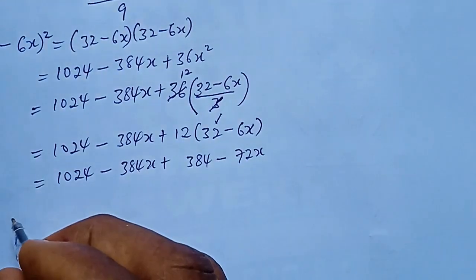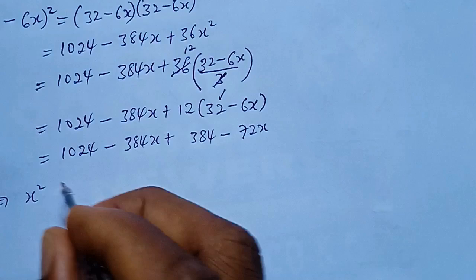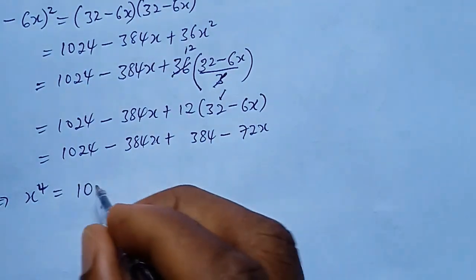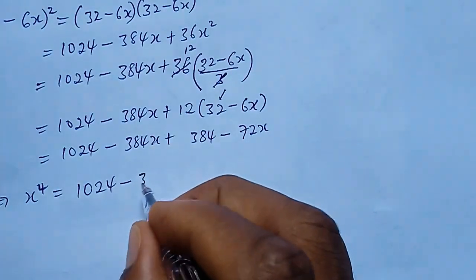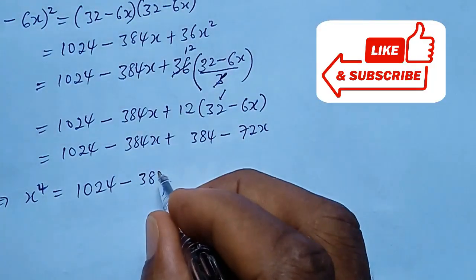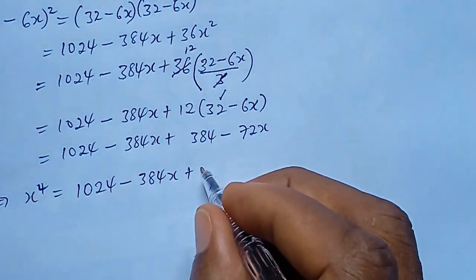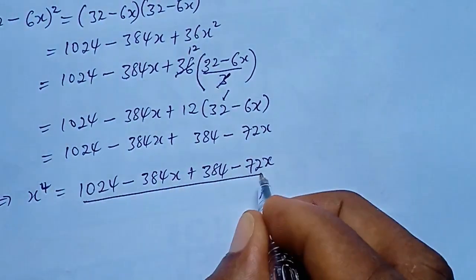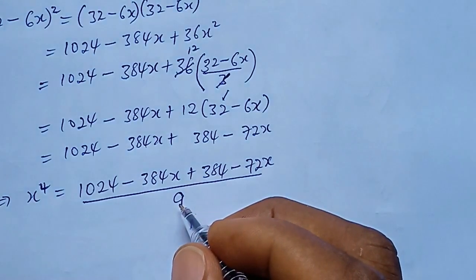Now this implies that our x to the power 4 will now become 1024 minus 384x plus 384 minus 72x, all over 9.